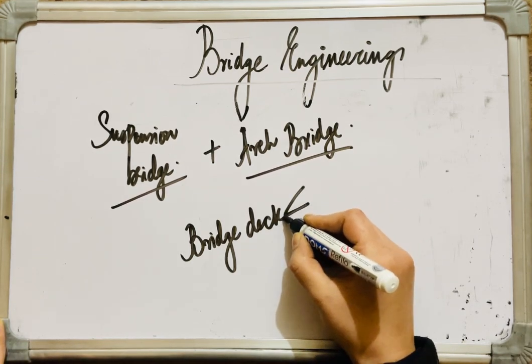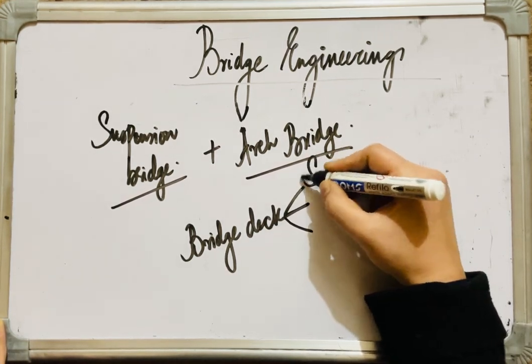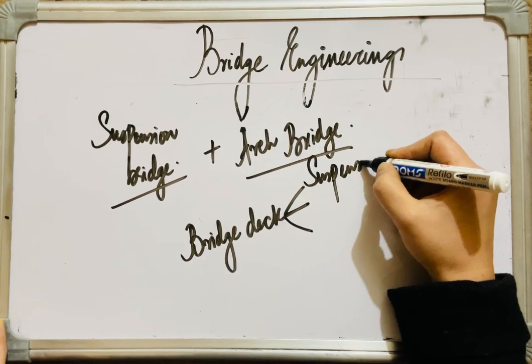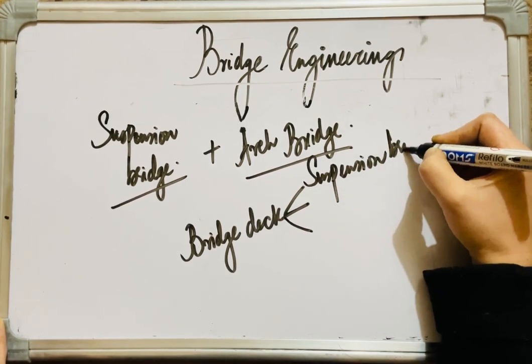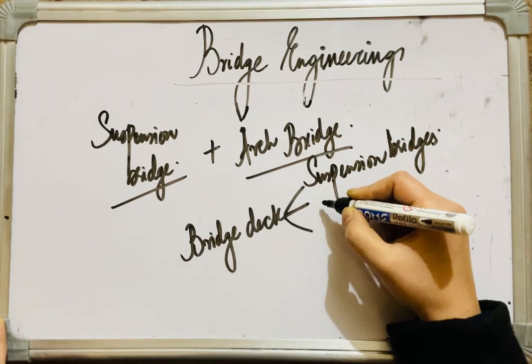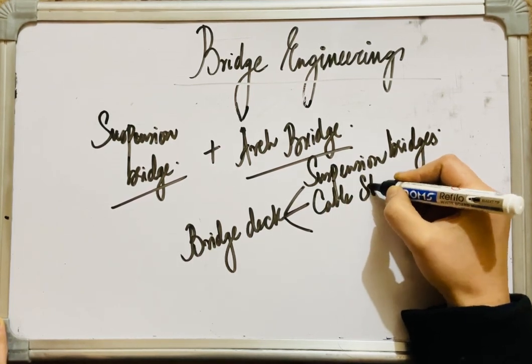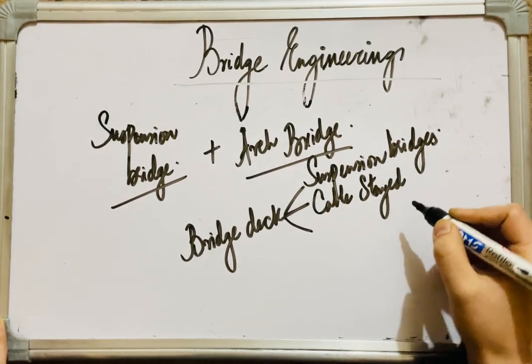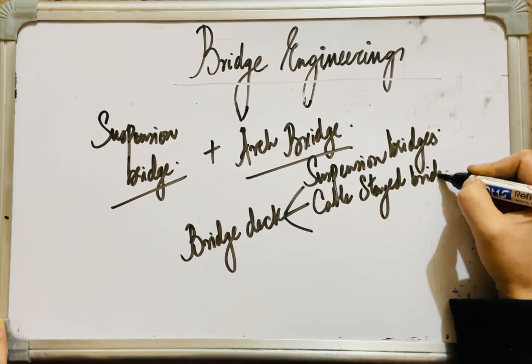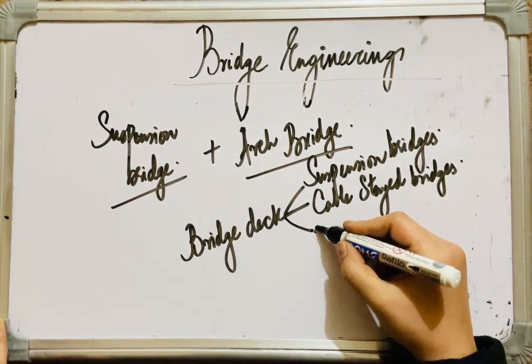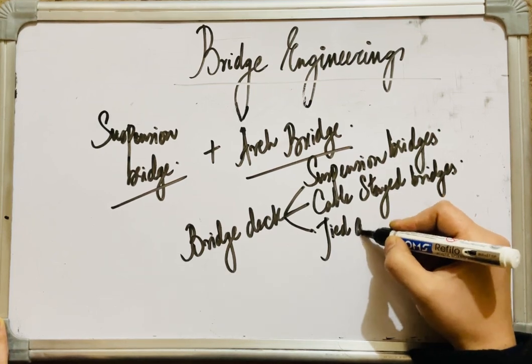So the bridge deck essentially remains suspended in three types of bridges: the suspension bridges, the cable stayed bridges, and these tied arch bridges.